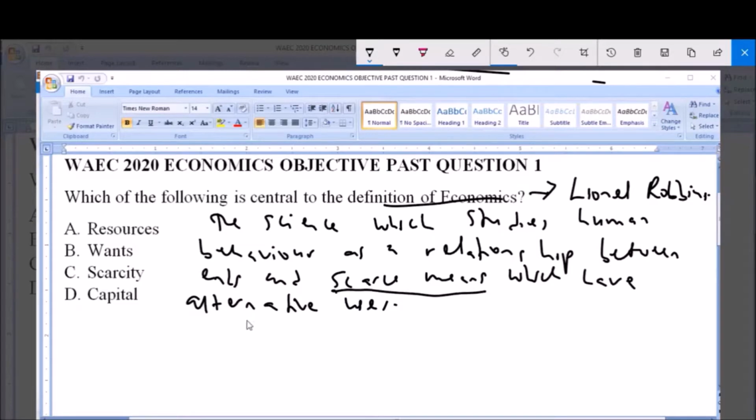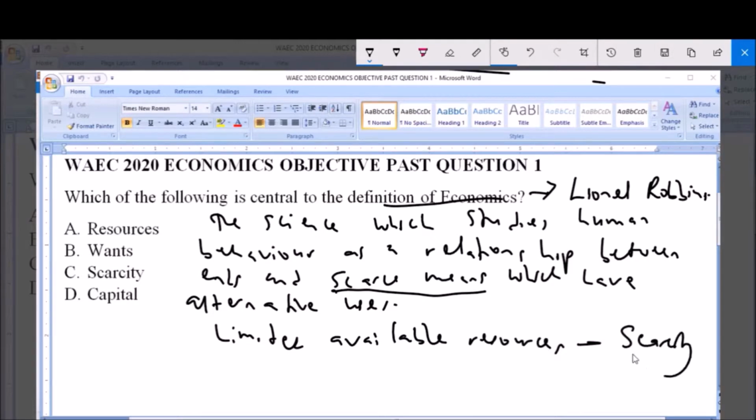Now scarce means refers to limited available resources, and to paraphrase this, scarcity.